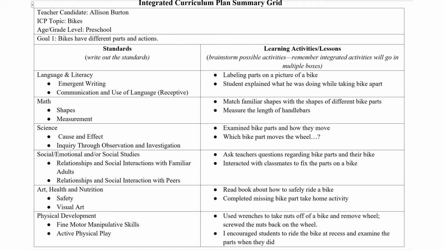There are different purposes for bikes. She could have also included bikes have many accessories to help people. She could have also included a fifth goal. There are many places to ride a bike safely. So this is how you will identify your goals.